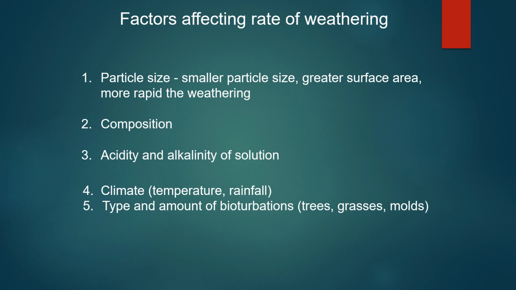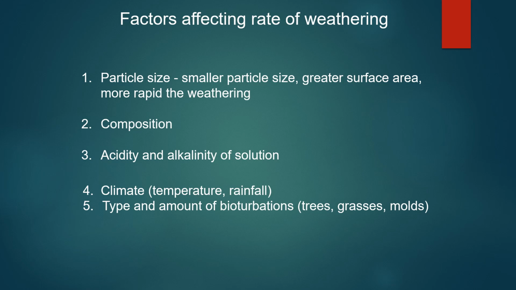Climate plays an important role. Increasing temperature can accelerate the rate of weathering. Precipitation is the source of most acidic or alkaline solutions. The availability of rainwater is also the availability of weathering solutions.